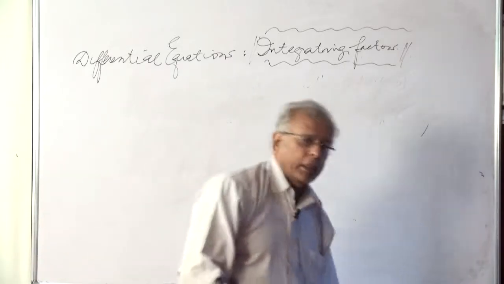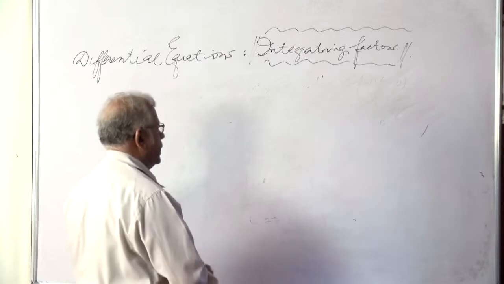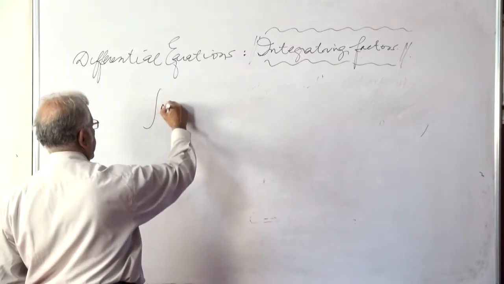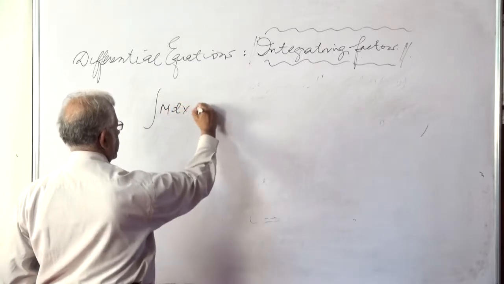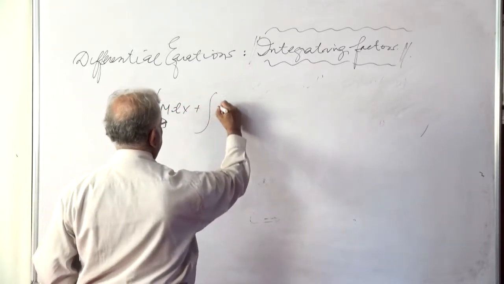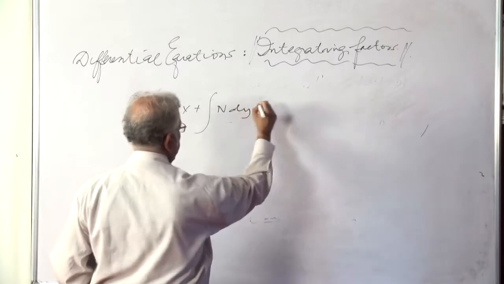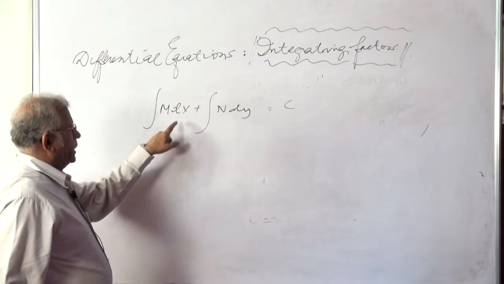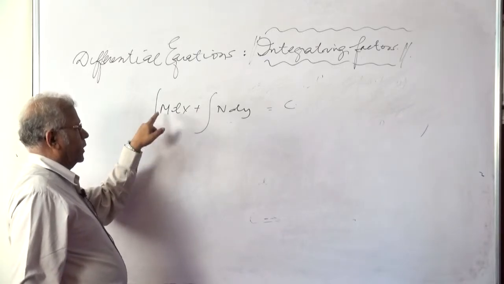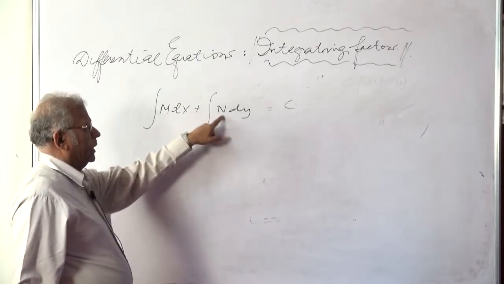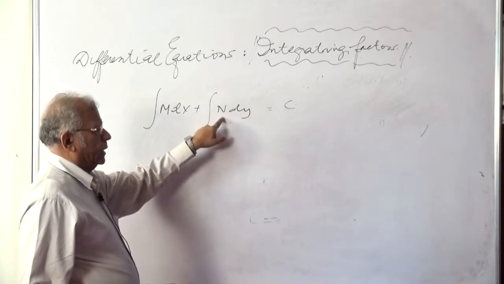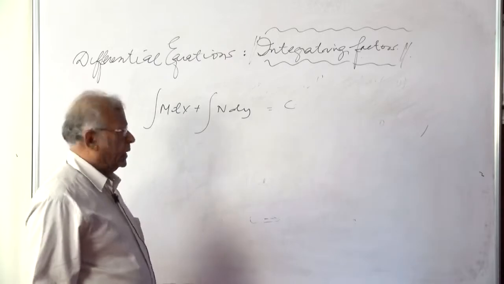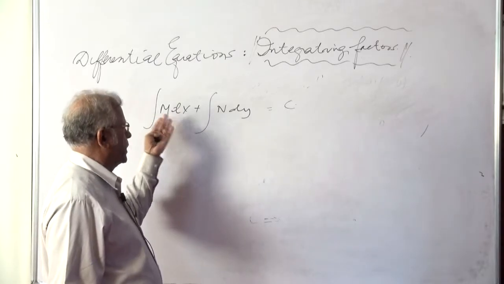Here we can re-mention that when we are integrating this M dx plus N dy and writing it is equal to c, the integration is with respect to x for the M(x,y) terms and with respect to y for the N(x,y) terms, taking care to omit any term that has already appeared in the first integration.